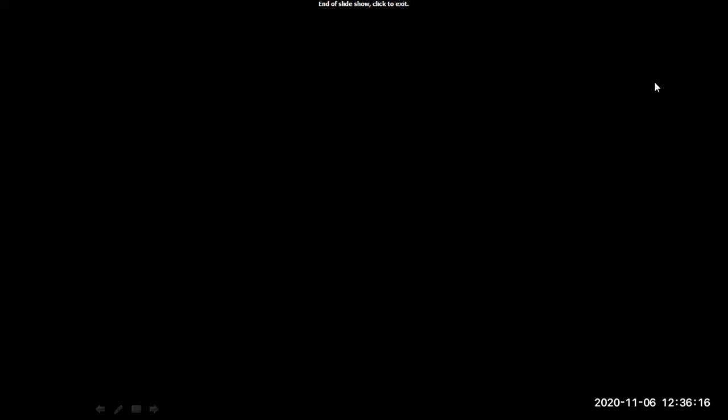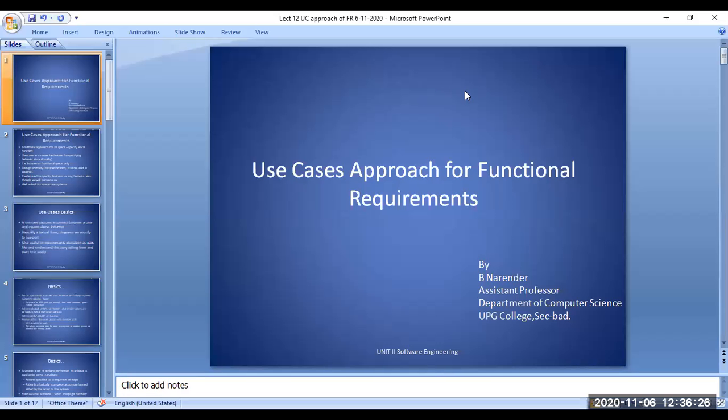Use cases not only describe the functional requirements of a particular software, they also help in analyzing a particular situation in a system, so system analysis will also be done with the help of use cases.